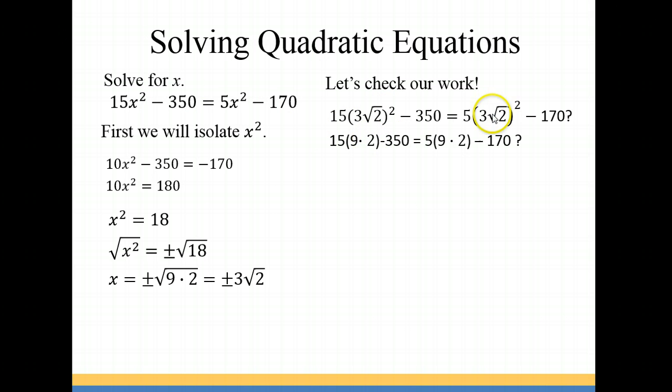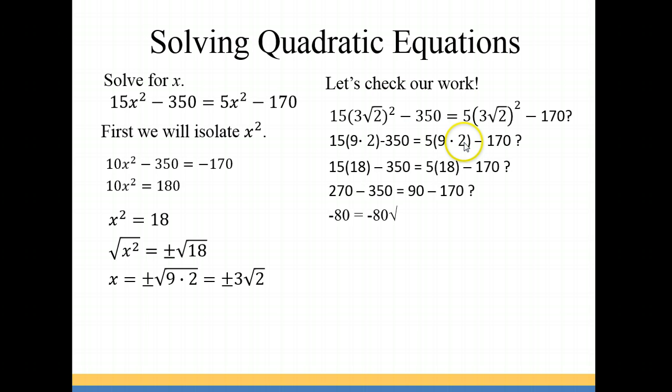And I did that on both sides of the equation. Now you're going to do your multiplication in the parentheses, so you have 18 and 18 here. Then you're going to do this multiplication, 15 times 18, which is 270, and 5 times 18, which is 90. And lastly, you do the subtraction, and on both sides we got negative 80, so it checked out.